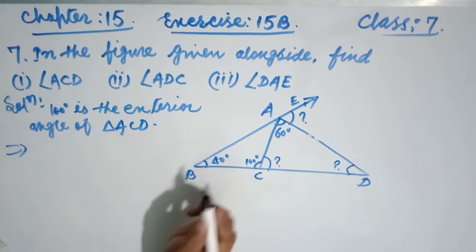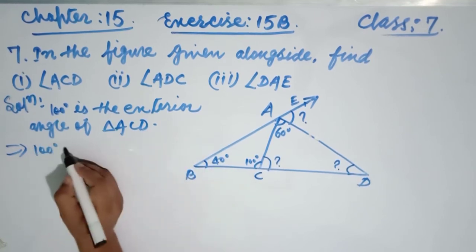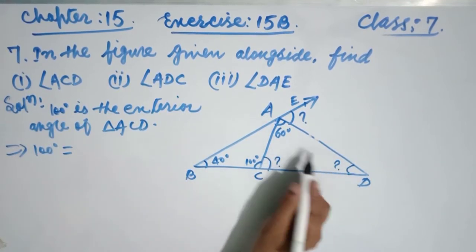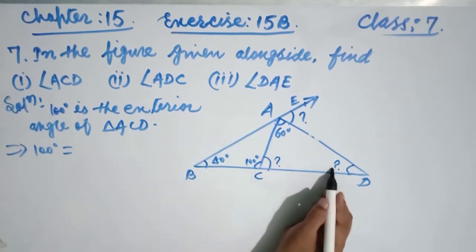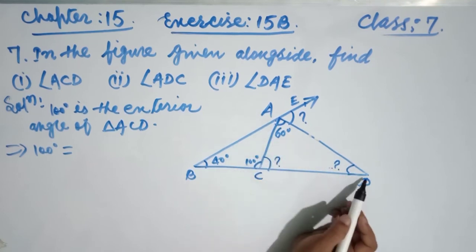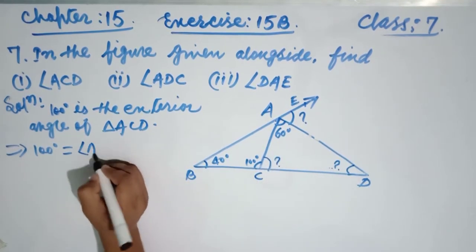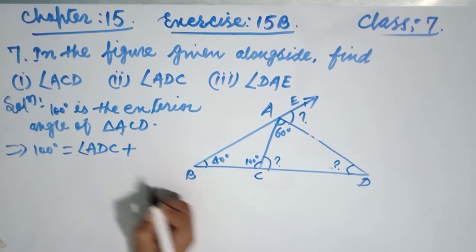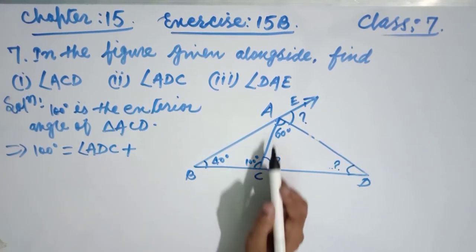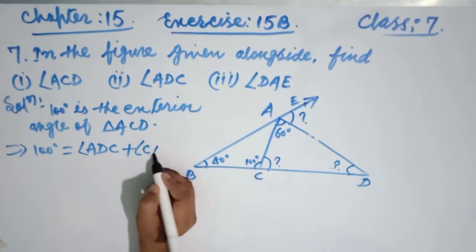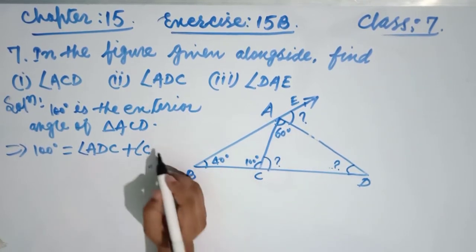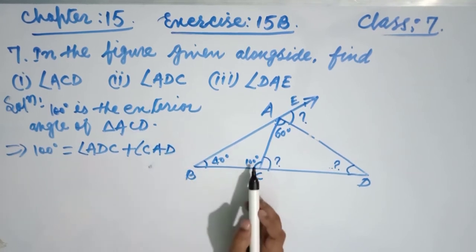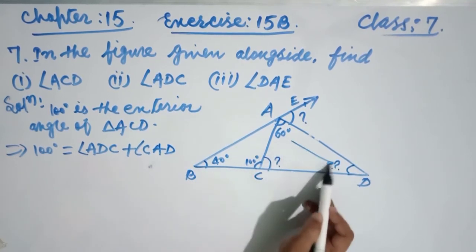So therefore, exterior angle means 100 degrees is equal to the sum of the two opposite interior angles. This angle could be written as angle ADC plus this angle CAD. This angle is equal to the sum of these two angles.